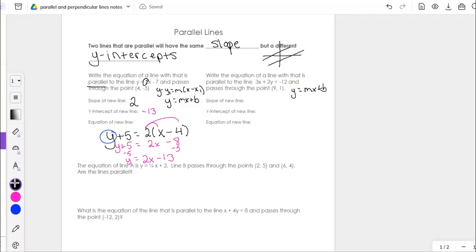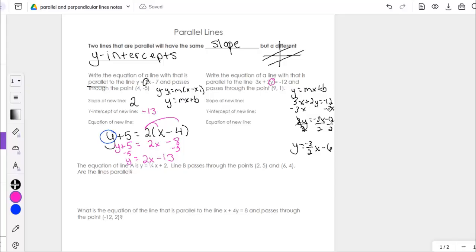So I'll take 3x plus 2y equals negative 12, subtract the 3x, and then divide everything by 2. So y equals negative 3/2 x minus 6.